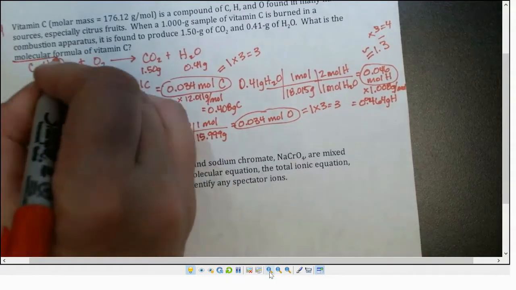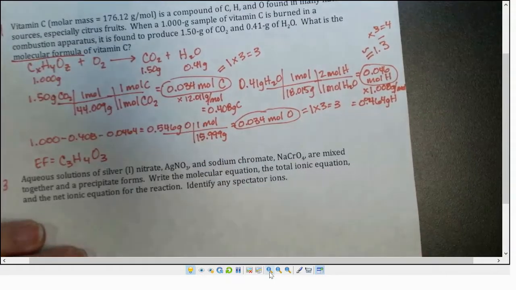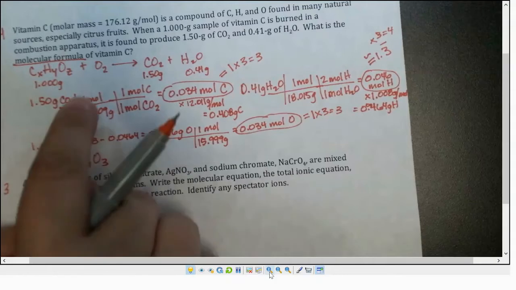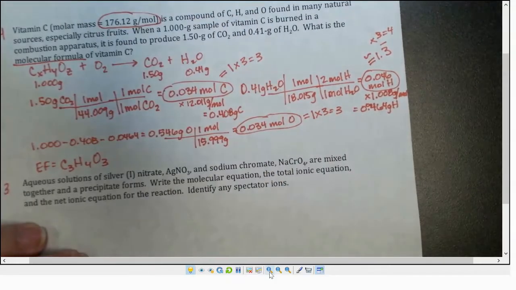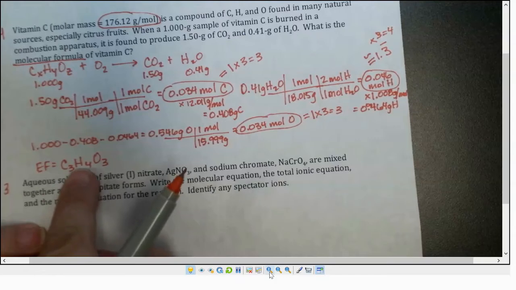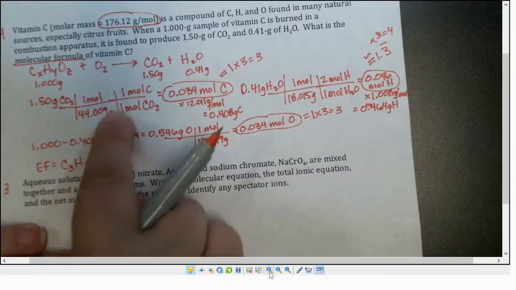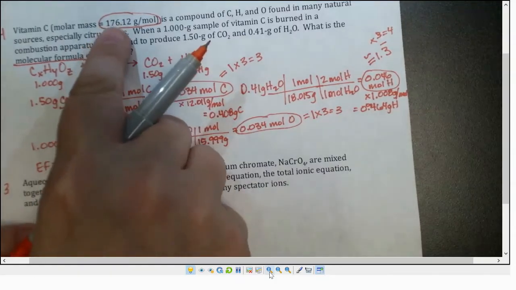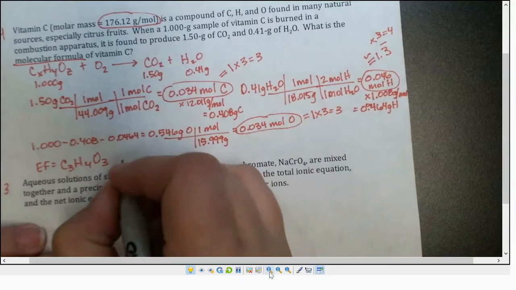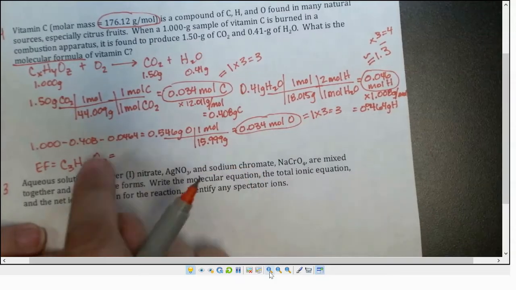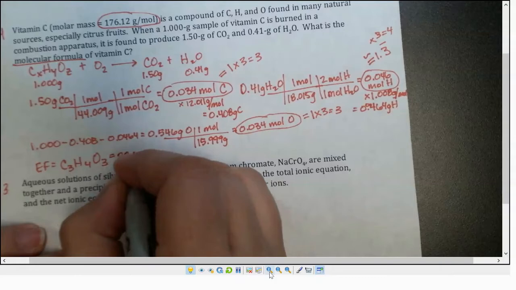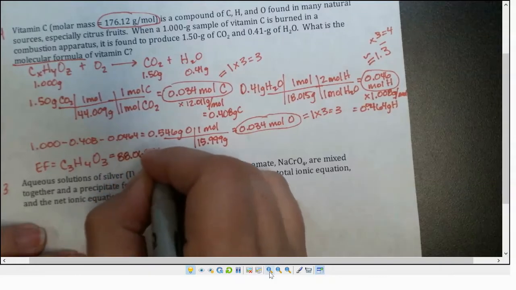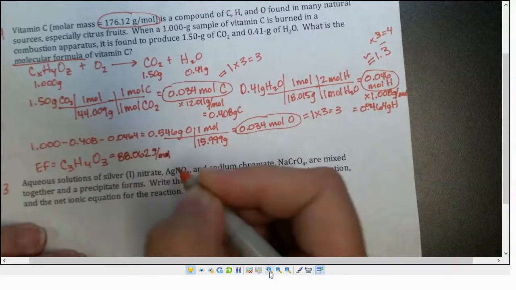It's asking for the molecular formula. So we need to take the extra step because they tell us what the molar mass is at the beginning. And we need to figure out how many times the molar mass of this empirical formula will divide into the molar mass of the molecular formula for vitamin C. So I find when I add this all up that the molar mass of this is roughly 88.062 grams per mole.